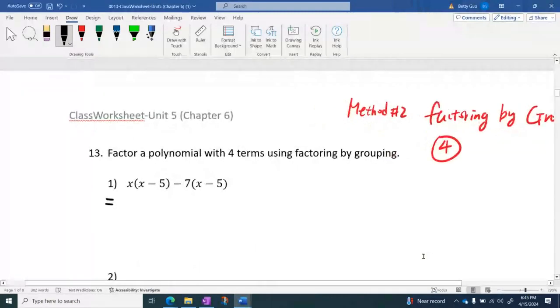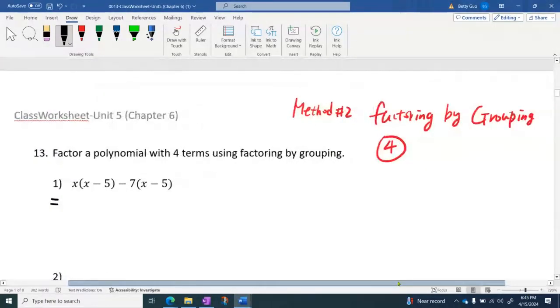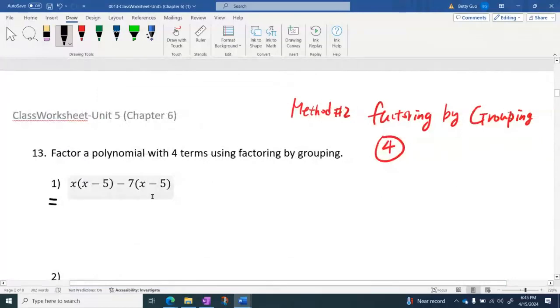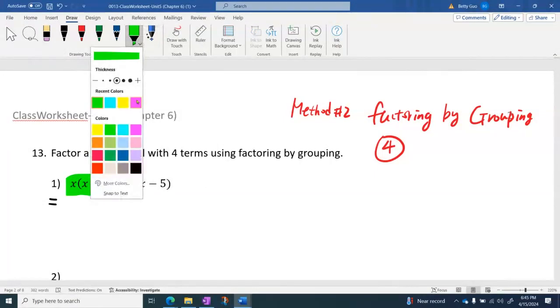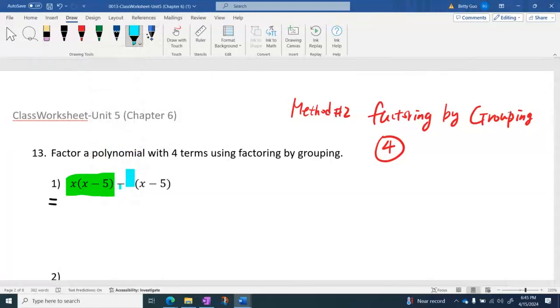I would see this expression as an addition of 2 parts, the green part and the blue part, and we're adding them together, okay?